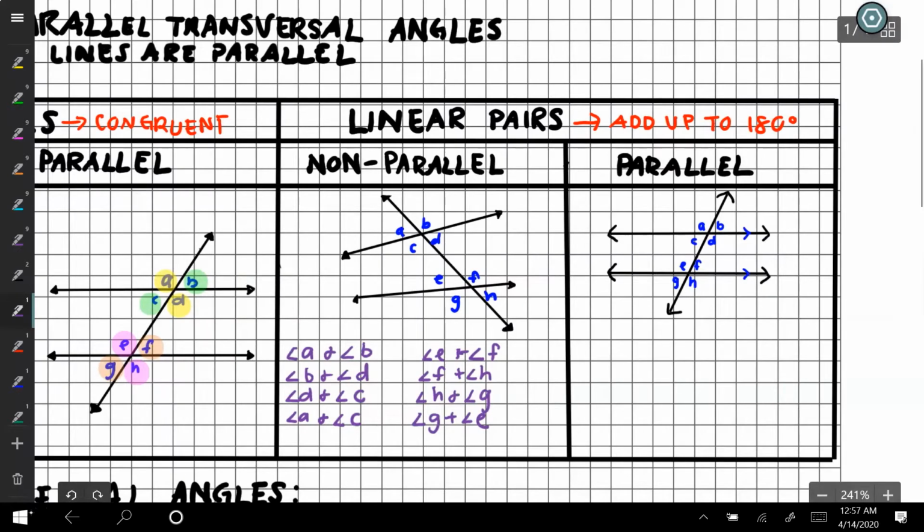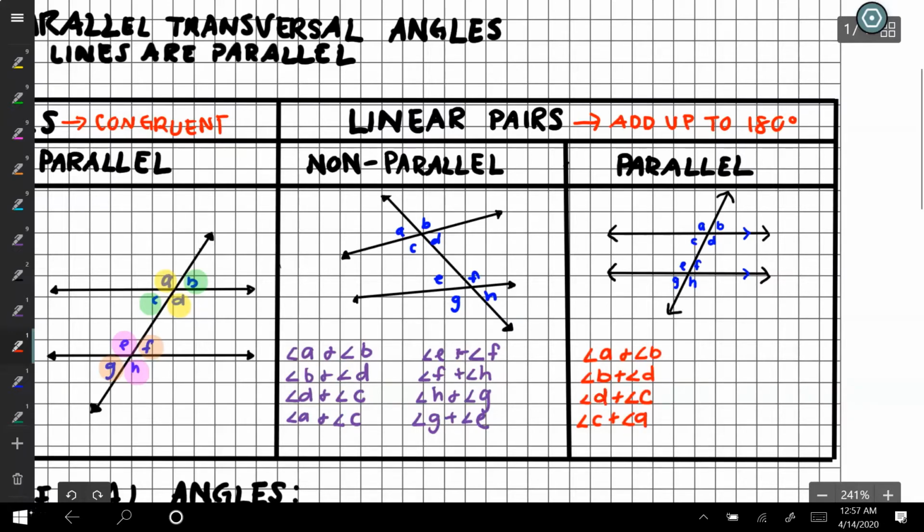Alright, so we're going to pay attention to these angle pairs here, and then we're going to write them out as well for our parallel line angles. So angle A and angle B, angle B and angle D, angle D and angle C, and then angle C and angle A. Let me rewrite that.